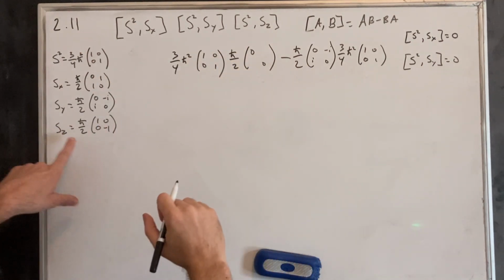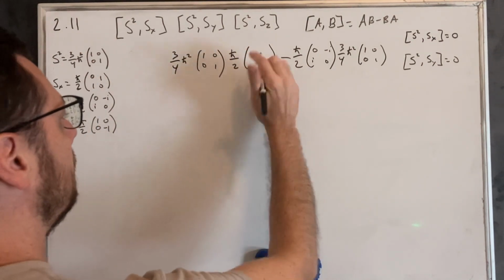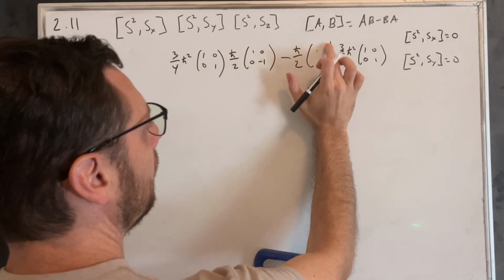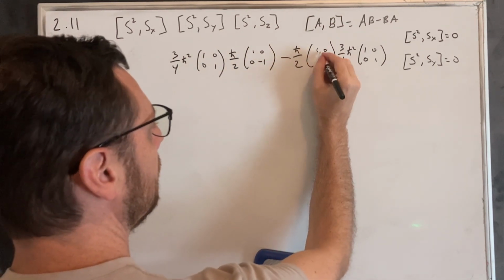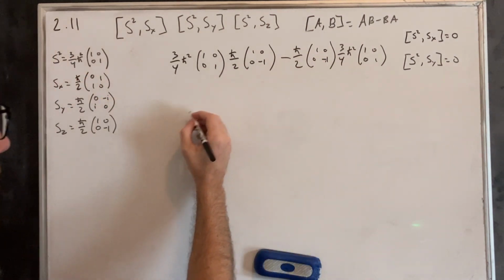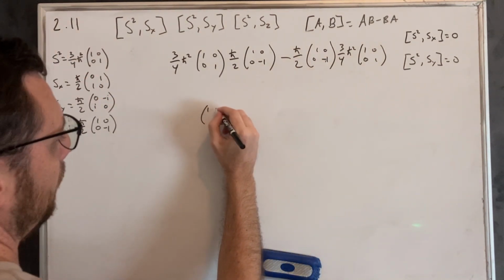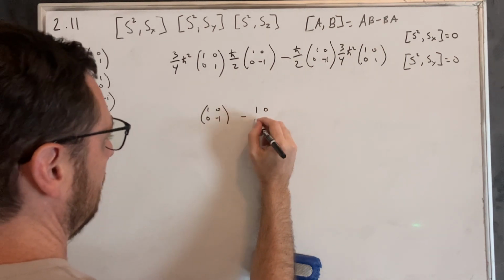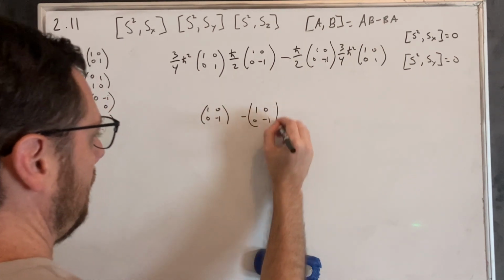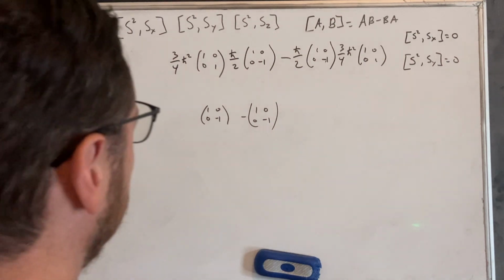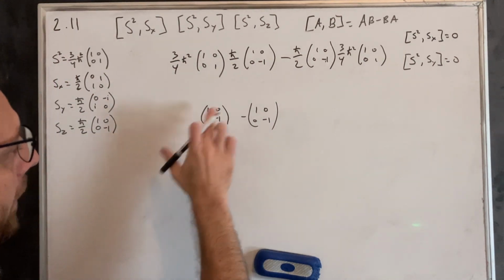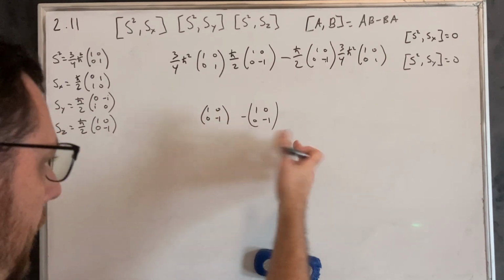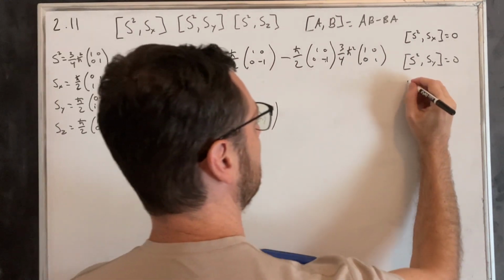So Sz is 1, 0, 0, negative 1, which means down here we're going to get the same thing, 1, 0, 0, negative 1, minus 1, 0, 0, negative 1, along with our 3 h bar cubed over 8. But then we'll have 1 minus 1, 0 minus 0, 0 minus 0, negative 1 plus 1, and that'll be 0 also.